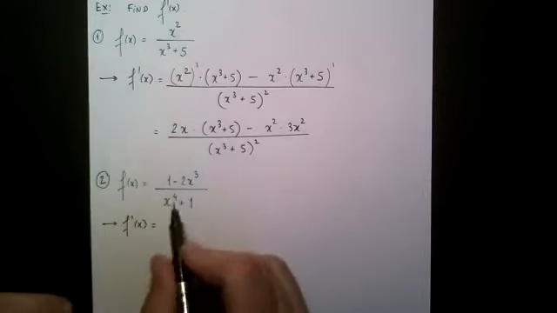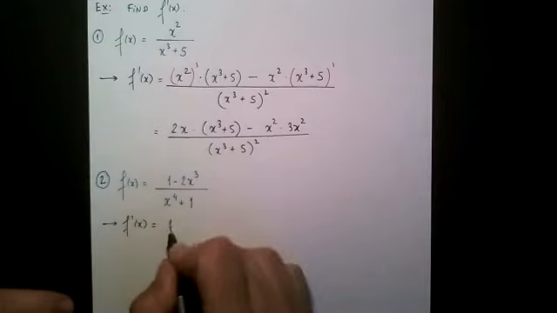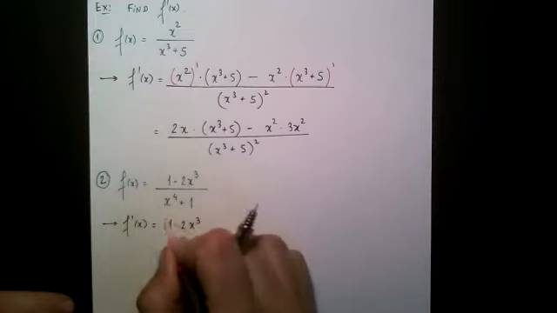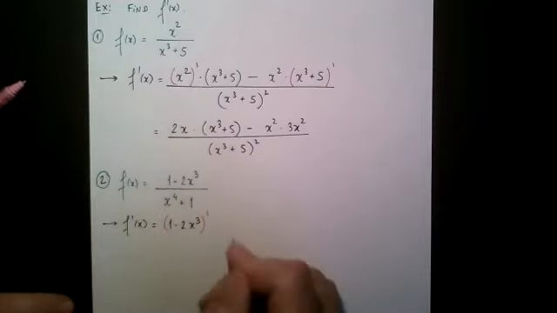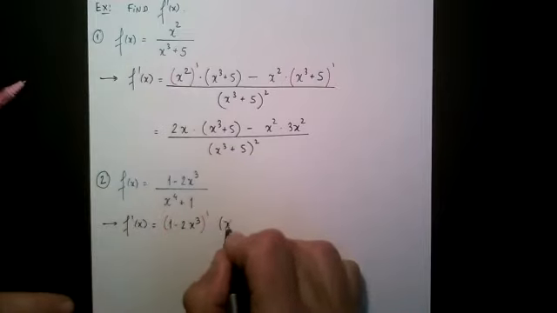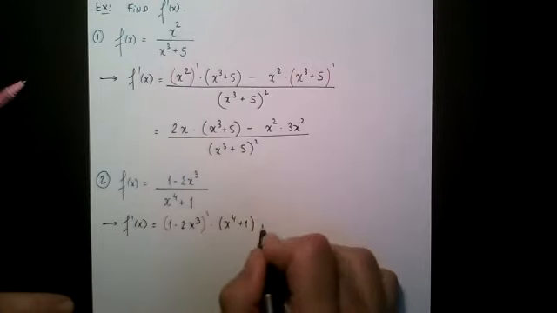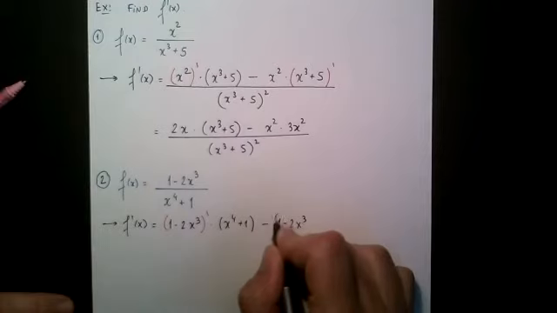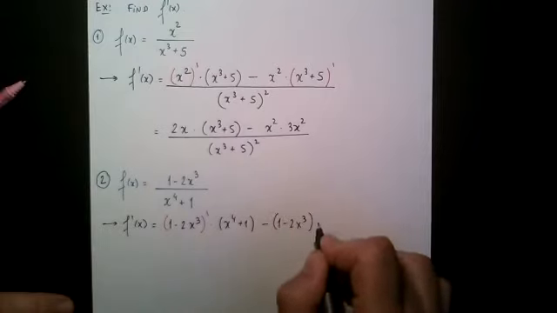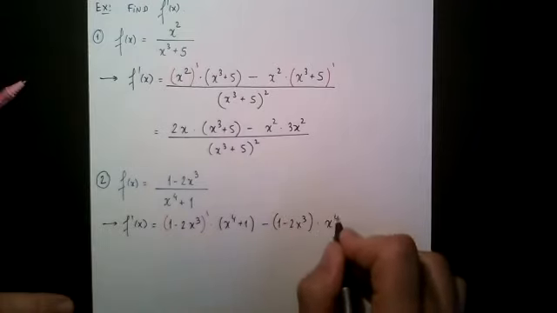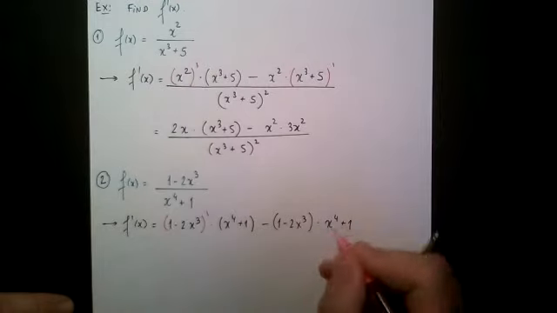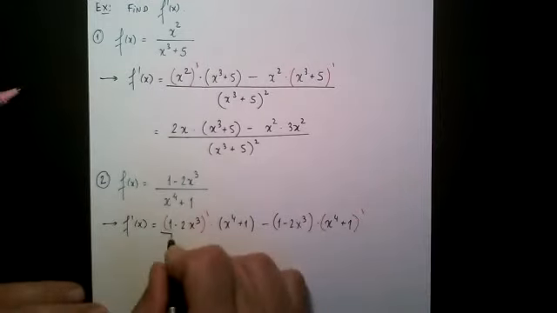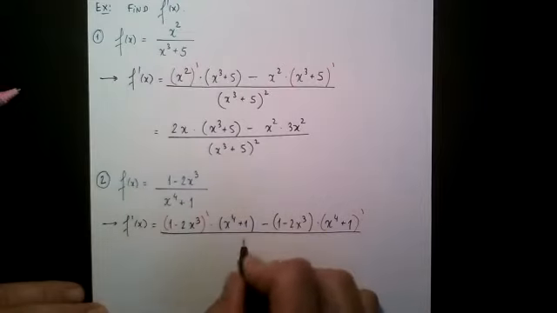The derivative of the top times the bottom, minus the top times the derivative of the bottom, and all this over the bottom squared.